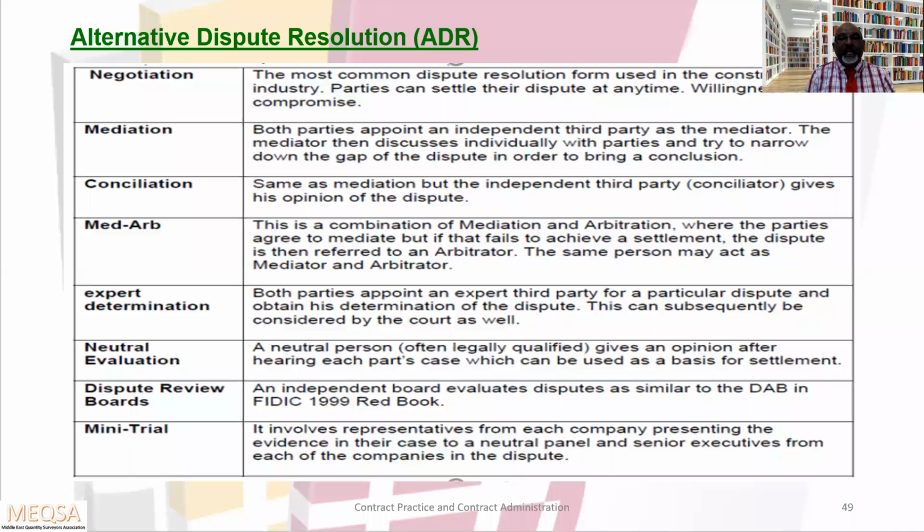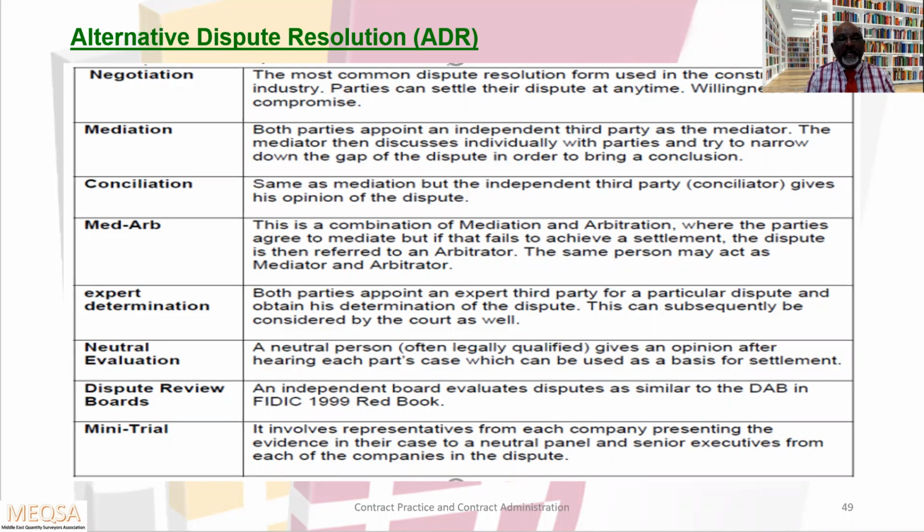Med-arb is a combination of mediation and arbitration, where the parties agree to mediate, but if that fails to achieve a settlement, the dispute is then referred to an arbitrator. The same person may act as mediator or arbitrator.